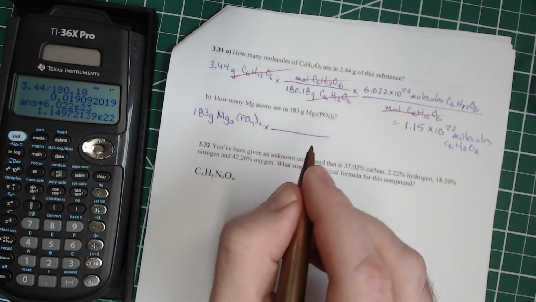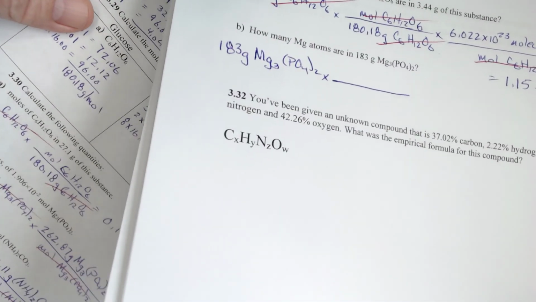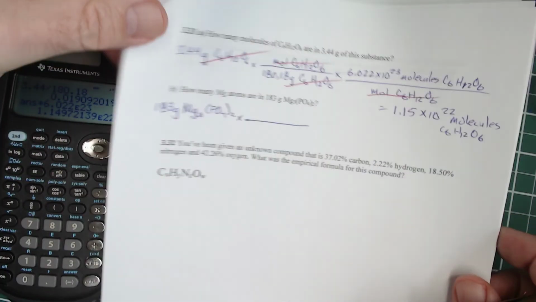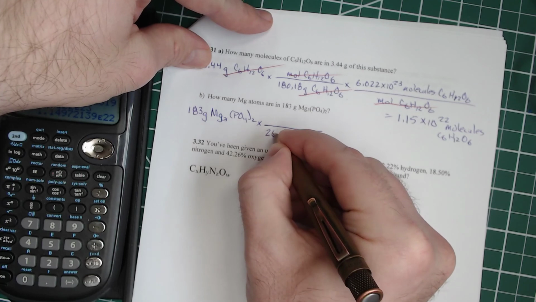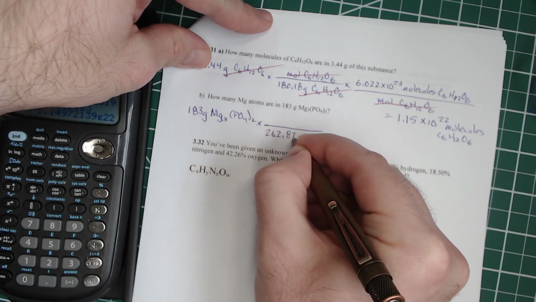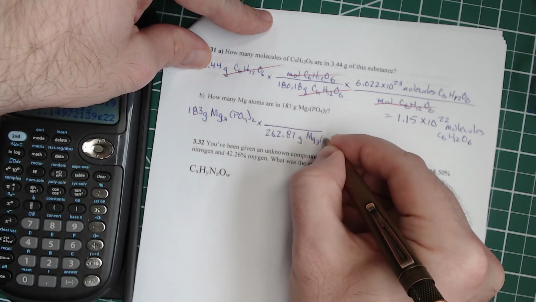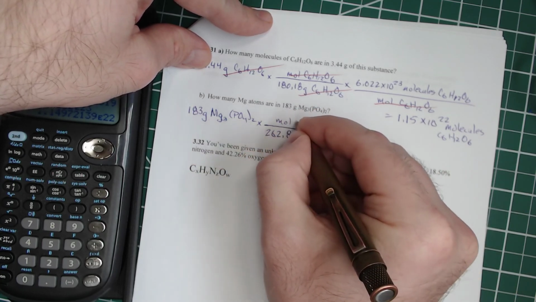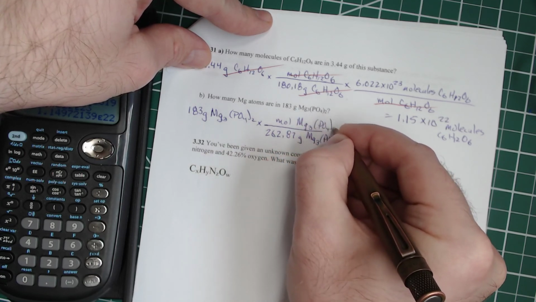And our molar mass of magnesium phosphate, again, that was on that previous page, 262.87 is right there. So 262.87 grams of magnesium phosphate per mole of magnesium phosphate.